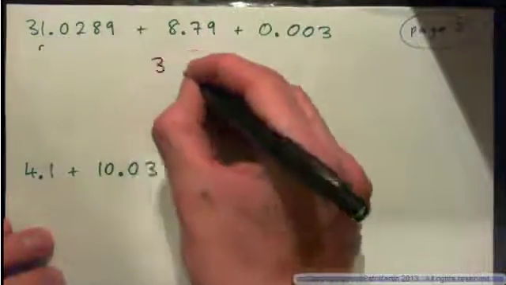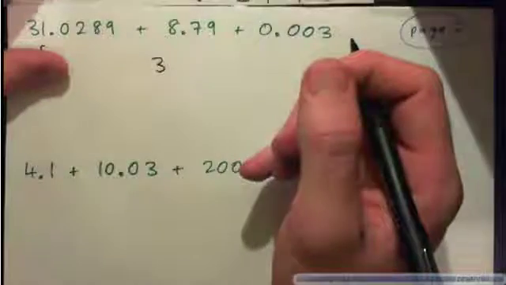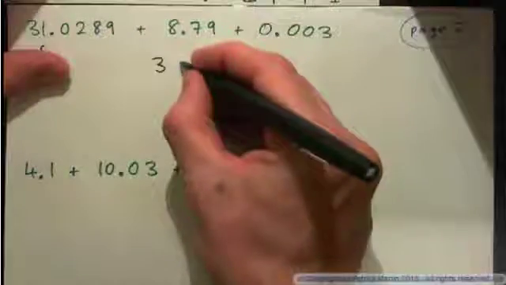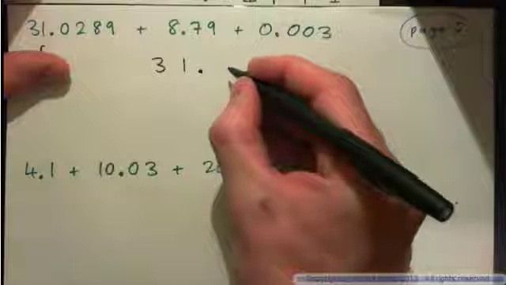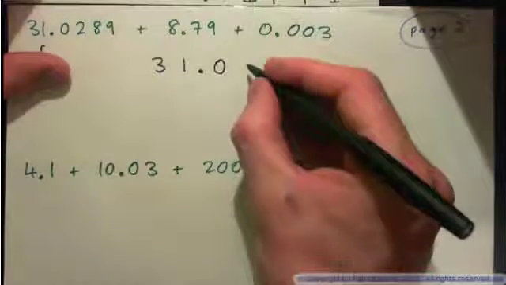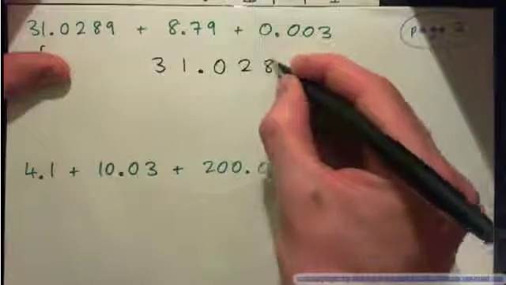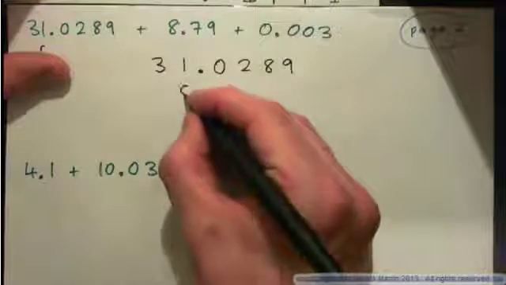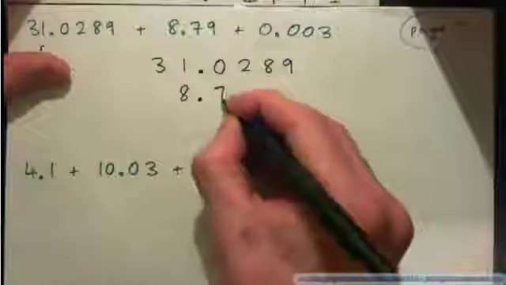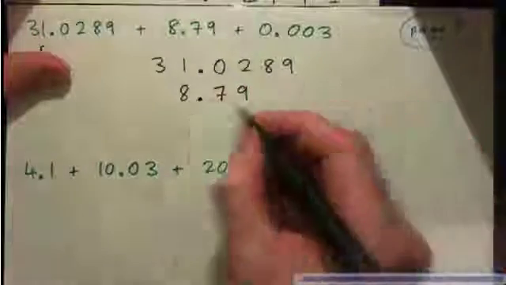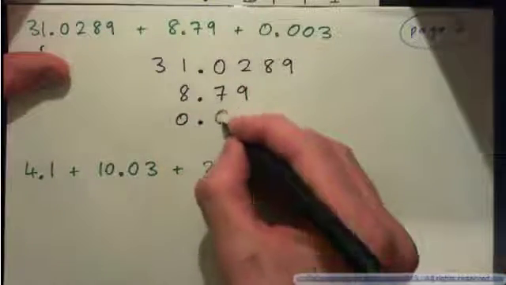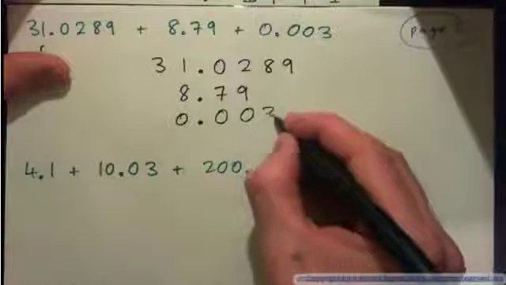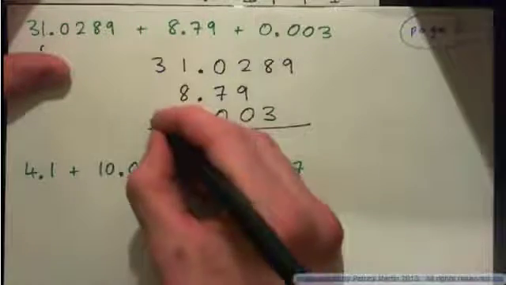So 31.0289, and then we have 8.79, and then we have 0.003, and then we add those guys.